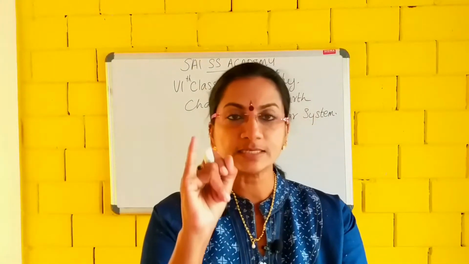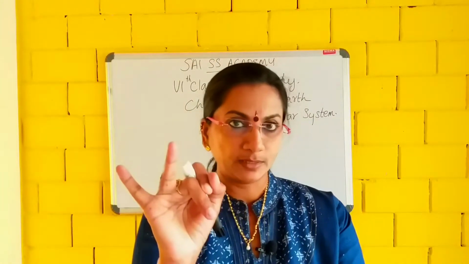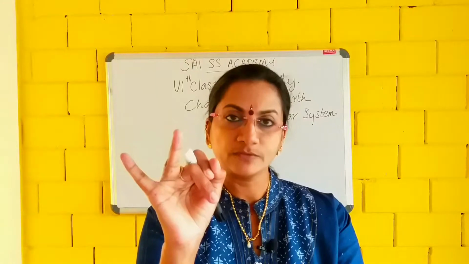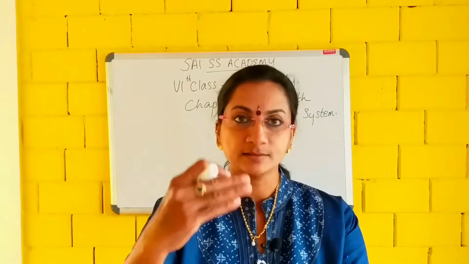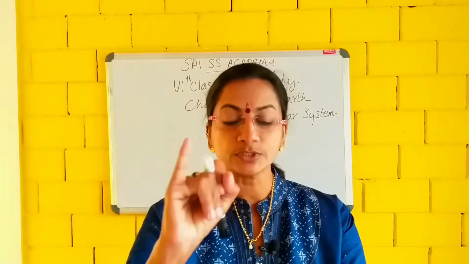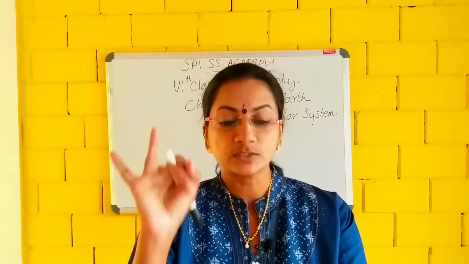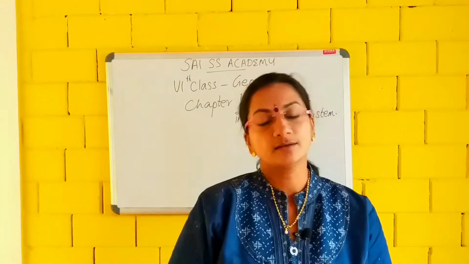First, the physical features of the earth. Second, its atmosphere, and the human activities affecting it. What are the things affecting? Distribution of population, resources, political and economic activities. All these things come under geography.